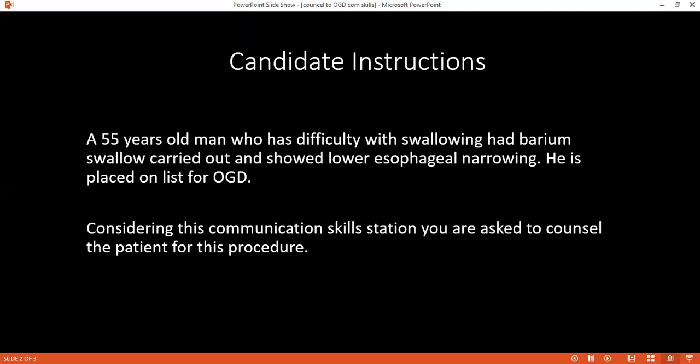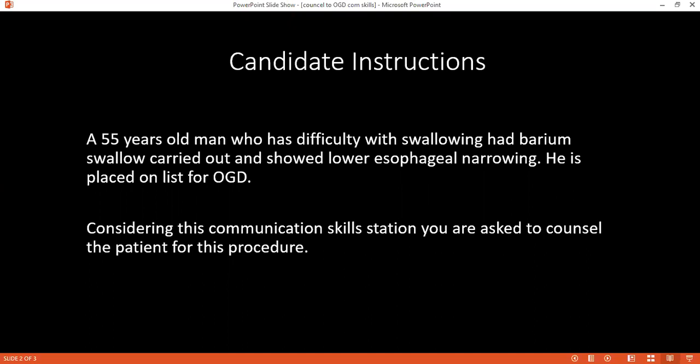Okay, Mr. Jack, this is an oesophagogastroduodenoscopy, and the abbreviated form is OGD, and the camera is called an endoscope. It will be inserted through your mouth into your food pipe, then stomach, and then into the first part of your small bowel, and we will rely on images on a TV screen.